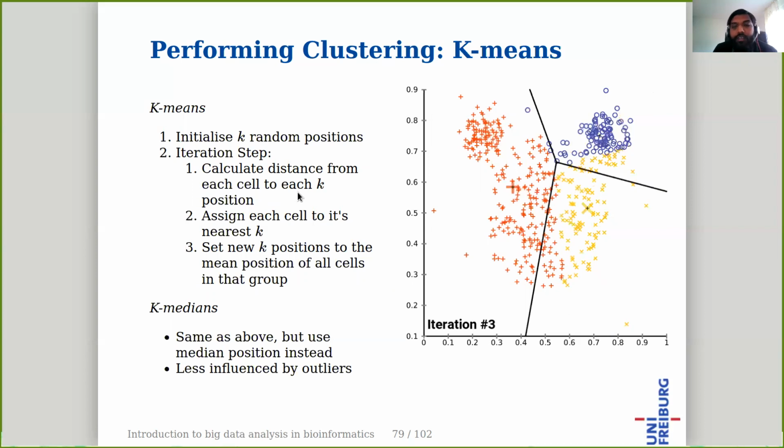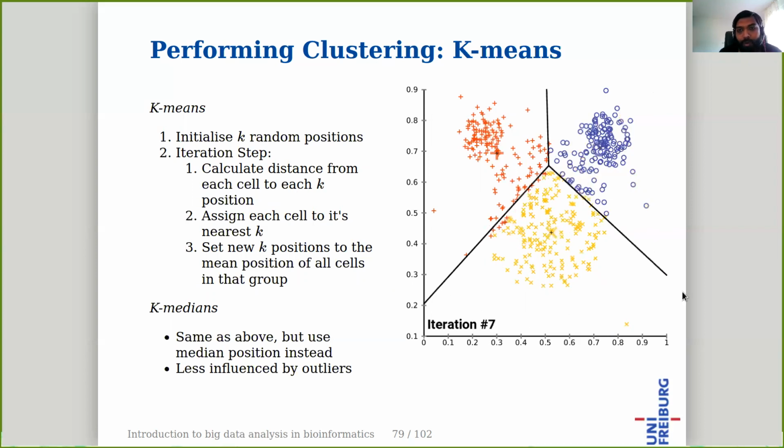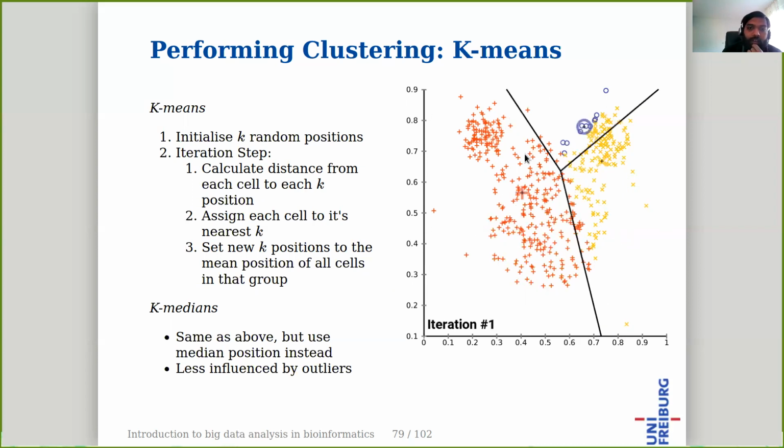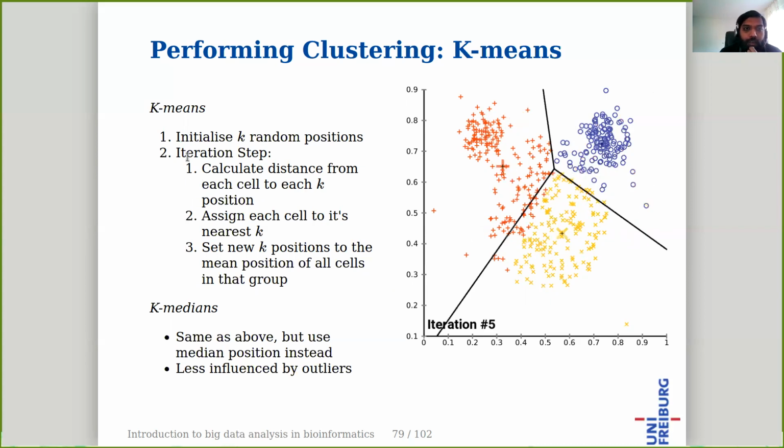So first let's look at the k-means clustering. We have all the points. Each point is a cell here, and these cells are placed on this 2D plot, where we first randomly select k positions.